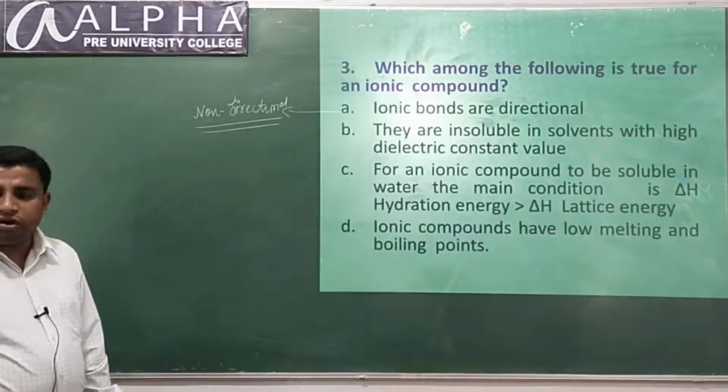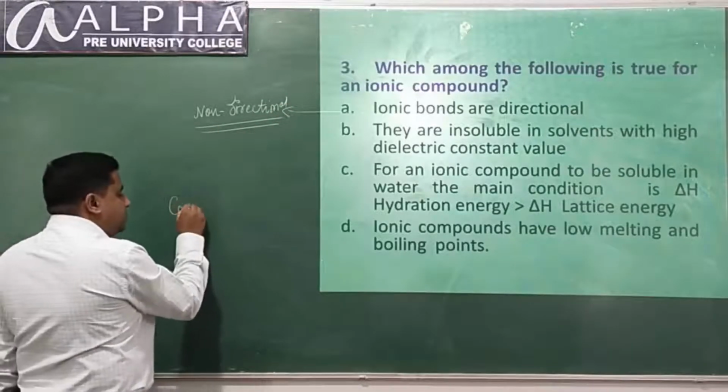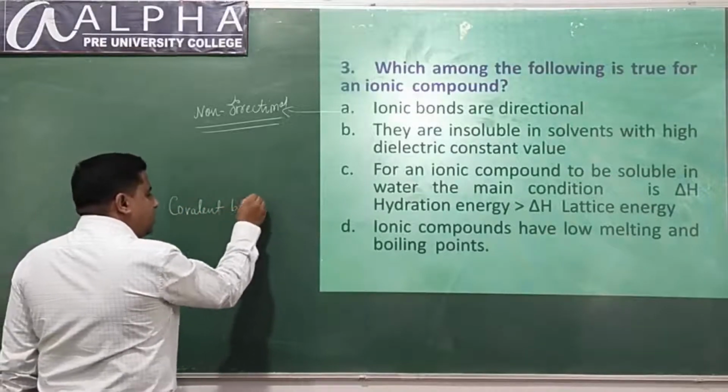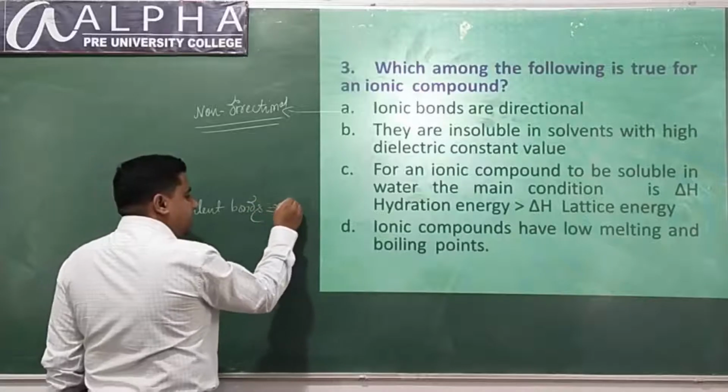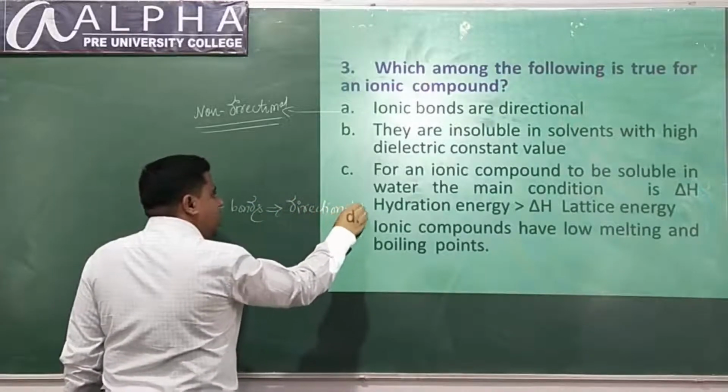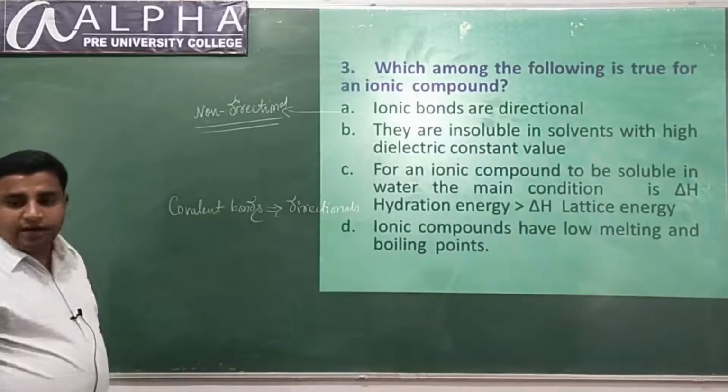Please note this point: only covalent bonds are directional. Covalent bonds are directional, whereas ionic bonds are non-directional.